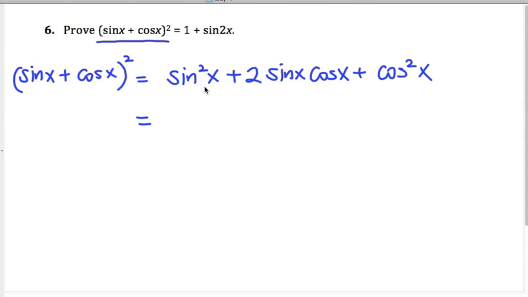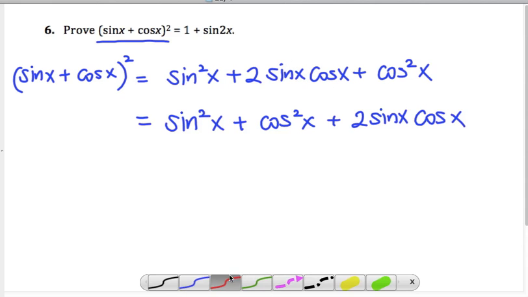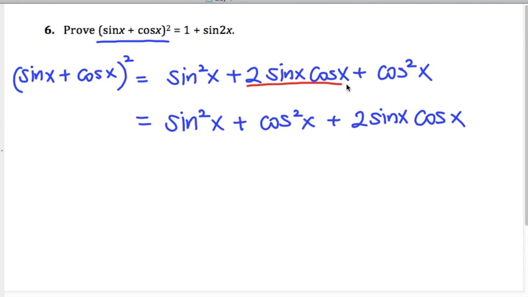If you change the order of the second and third terms, I haven't actually done anything yet, I just switched the order I'm adding. Then you see from the Pythagorean identity, that's 1.